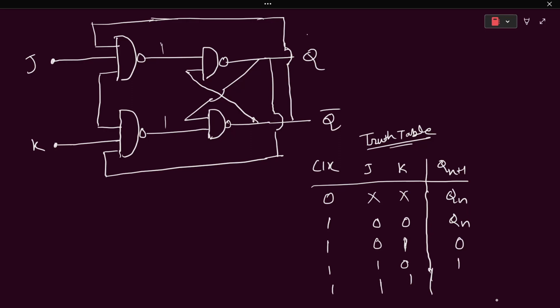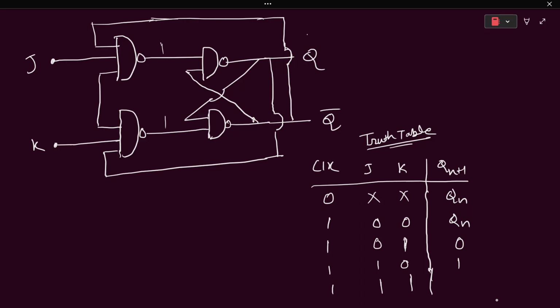Now the question arises, what will be the 1 1 state? This is the main point for which we needed to design the JK flip-flop. When both of the inputs are high, the SR flip-flop was not able to overcome it or give a satisfactory output.